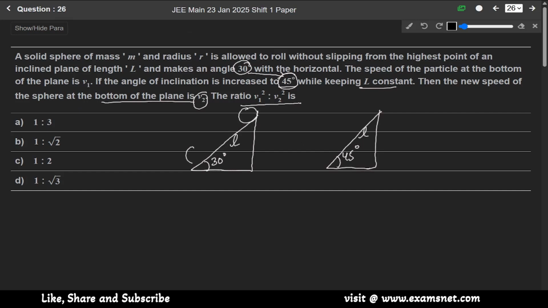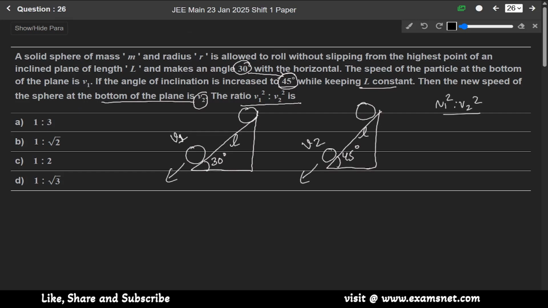Here let us say it is rolling with a velocity of v1 and here the velocity of v2. So we have to find the ratio of v1 square to v2 square.